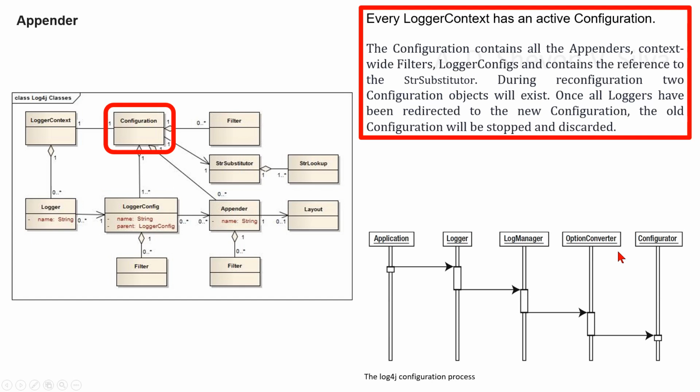Class OptionConverter, the convenience class to convert property values to specific types.